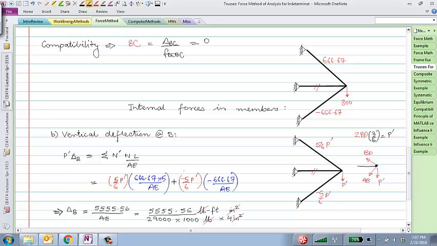So clearly these two add up, not cancel off. And on the left hand side we have a P prime times the actual displacement delta B. We cancel off all the P primes.